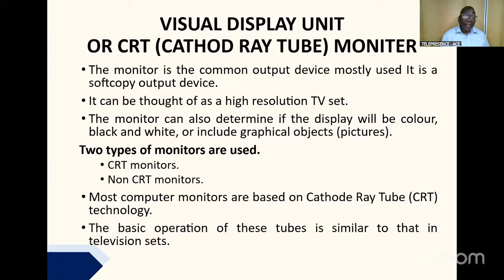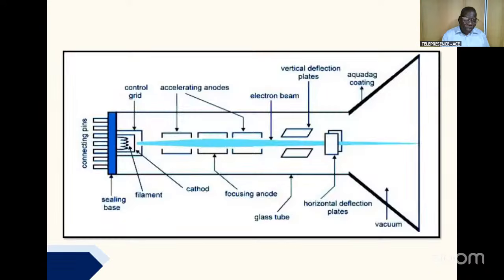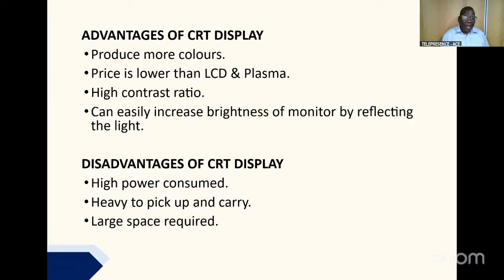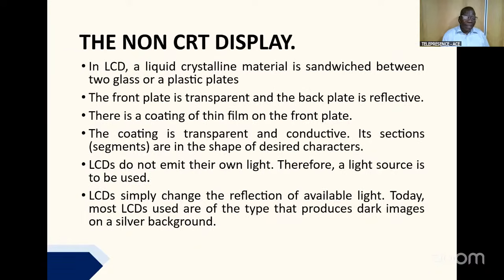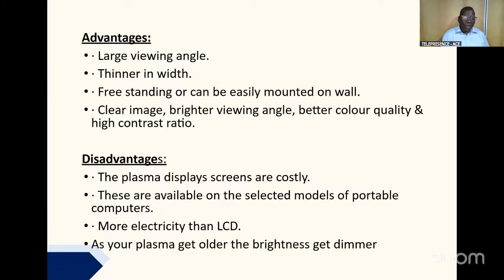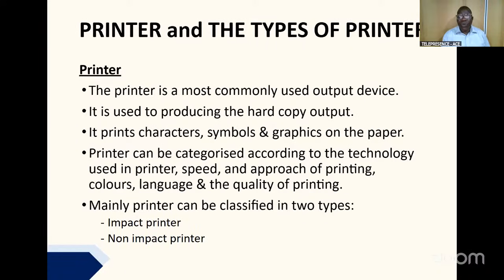and we looked at the different types of monitors, the CRT that we refer to as cathode ray tube. Also, we looked at the non-CRT monitors, which have the LCD and also the plasma. Then we looked into different types of printers, broadly classified into two: impact printers and non-impact printers.